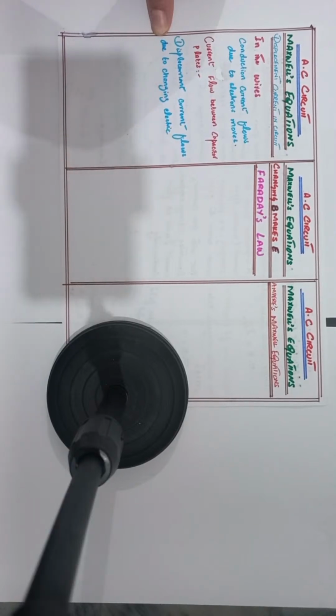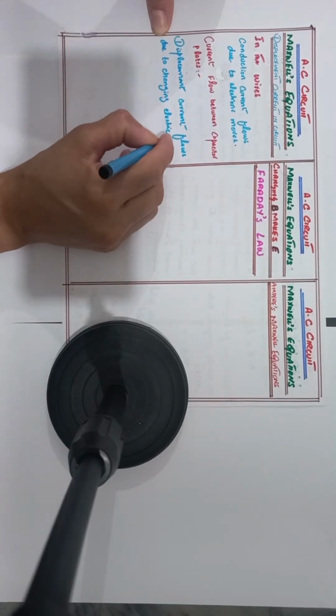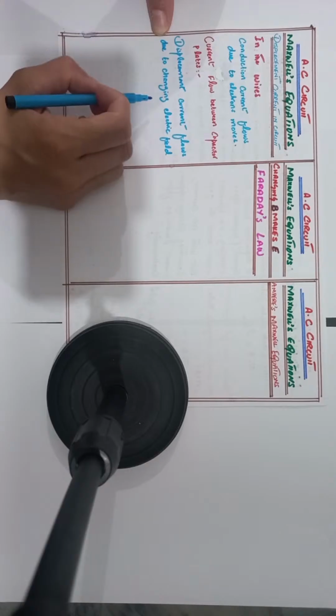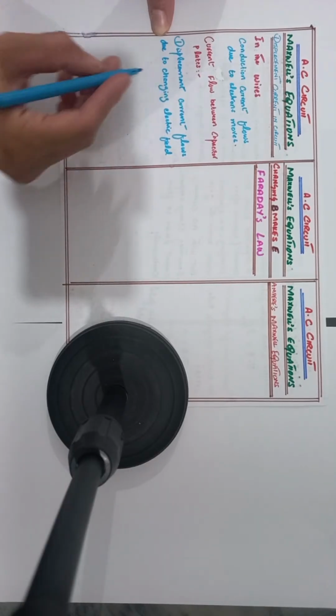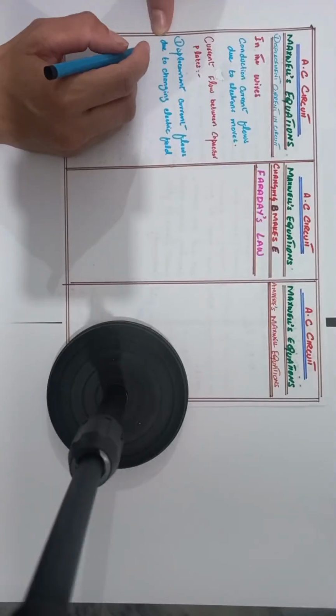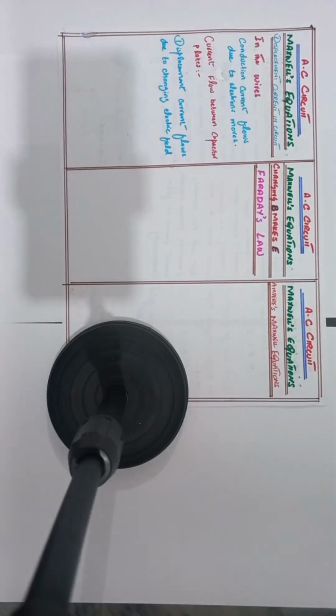We discussed that a changing electric field always creates a magnetic field, and the magnetic field creates the induced current. That induced current is called the displacement current. Both together make the current continuous.